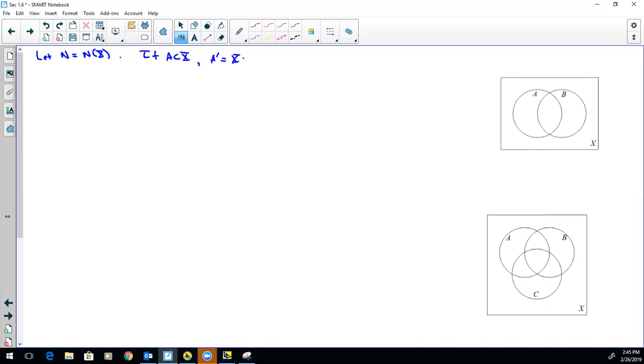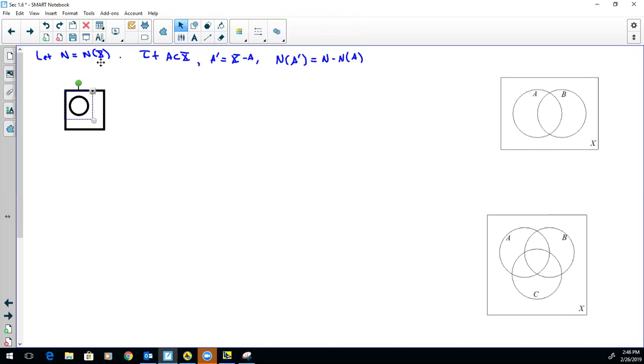This is X minus A. And the number of things in A prime will be the number of total things in X minus the number of things in A. So I don't have a picture drawn here, but what we're talking about is a simple Venn diagram.